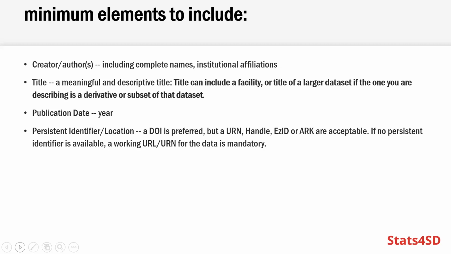Then we have a title, which should be meaningful and descriptive, so that by just looking at the title, you have an idea of what it contains. So if it's of interest to you, you're able to easily retrieve it. Metadata would make it easier for you to see what you need and whether you need to retrieve it or not.